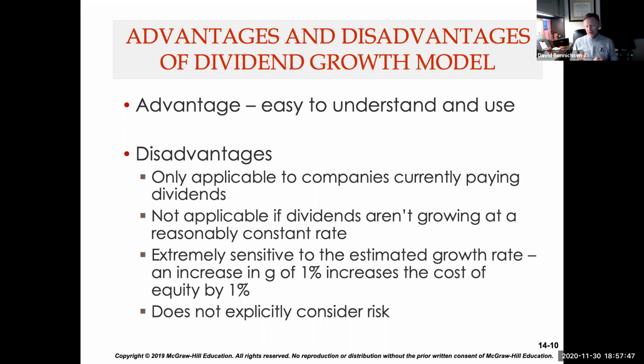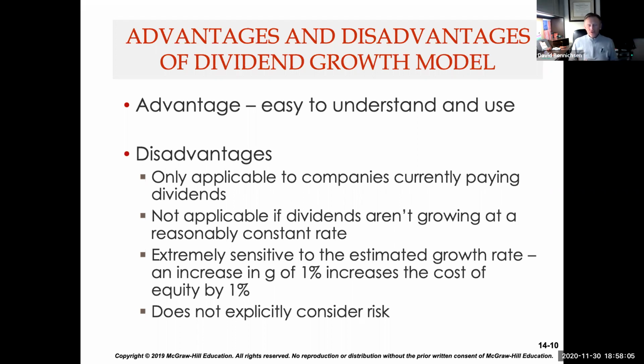We talked about the security market line and CAPM and how beta, the systematic risk of a firm, impacts the expected return of a firm. So the dividend growth model doesn't really factor in the inherent risks to the firm.